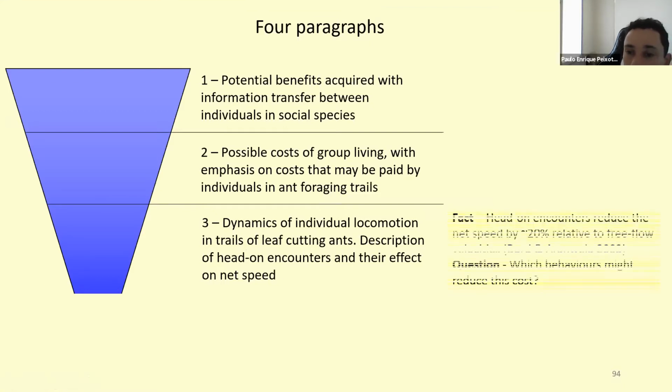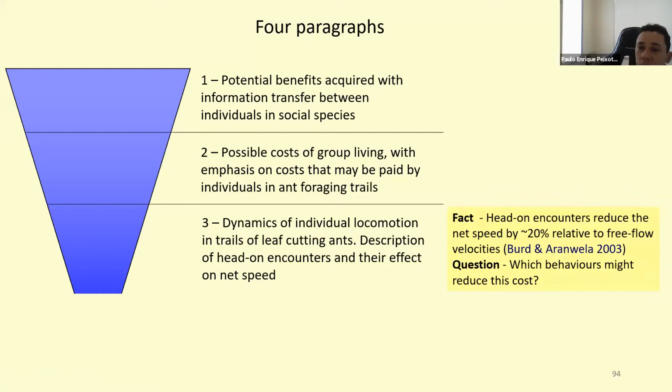At this point, they provided the fact and the question, okay? The fact they provided was that head-on encounters reduced the net speed by around 20% relative to free flow velocities, and they cited another article to support this fact, and they explicitly presented the question, which was this one: which behaviors might reduce this cost, okay?